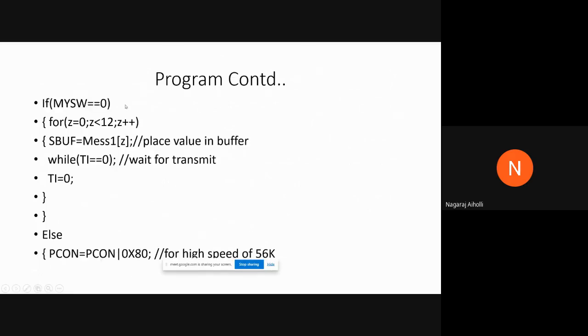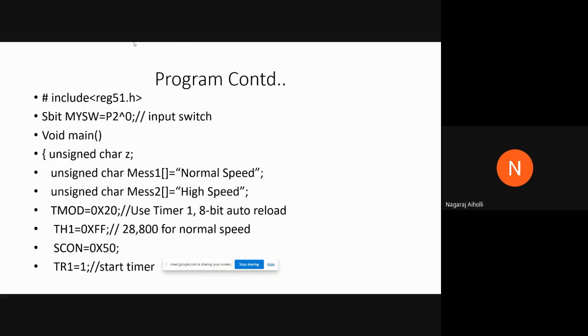If my switch is equal to 0, now we have to monitor the switch position, the switch status. Here mySwitch is defined as a bit equal to P2.0, because the switch is connected to the P2.0 pin of the microcontroller.